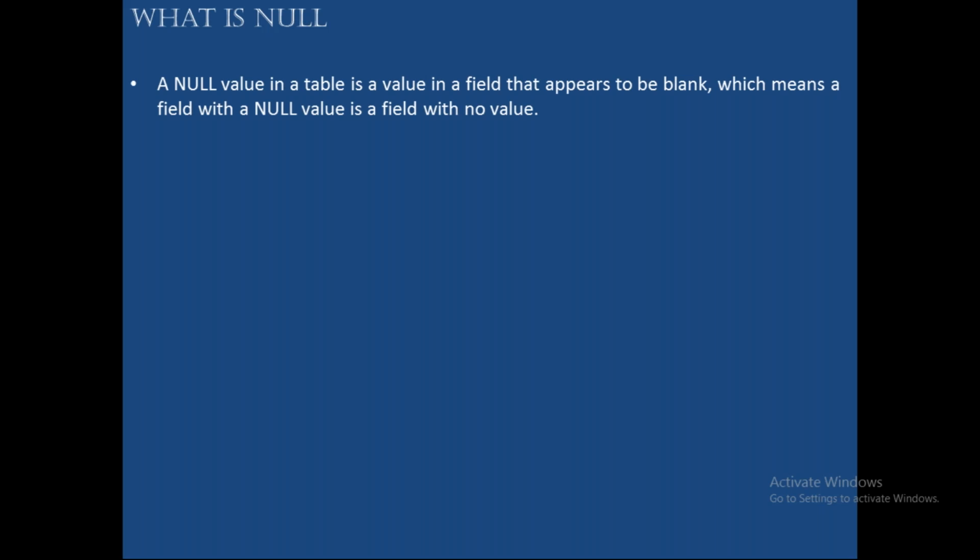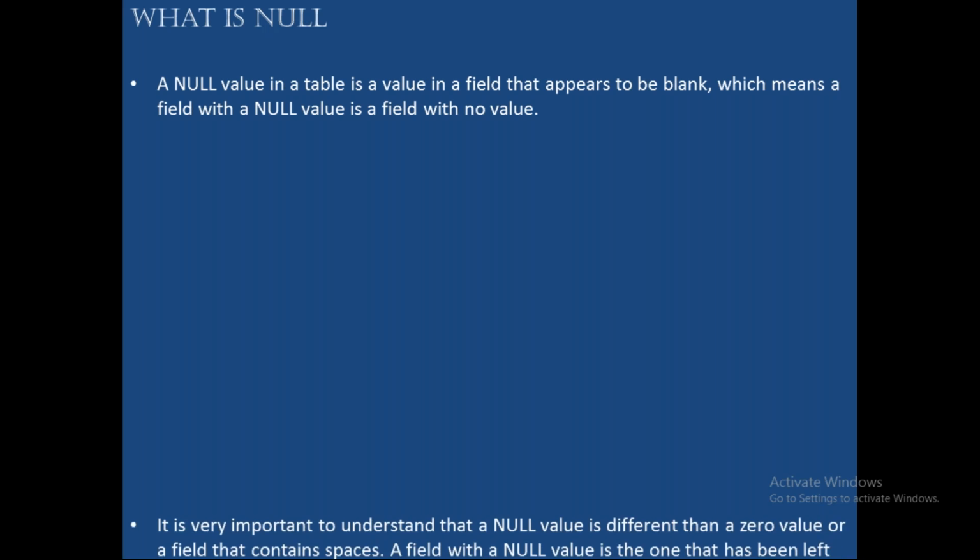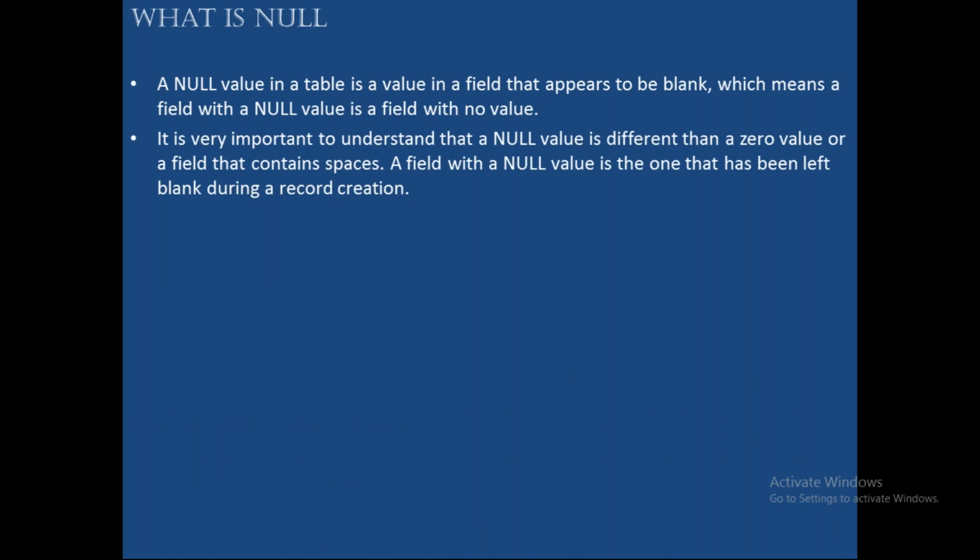No value is nothing but a null. It is very important to understand that a null value is different from a zero value or a field that contains spaces. If you give some spaces, that is not a null value. If you enter the value 0, that is not a null value. Null means you are not entering anything, then that particular value will be considered a null.